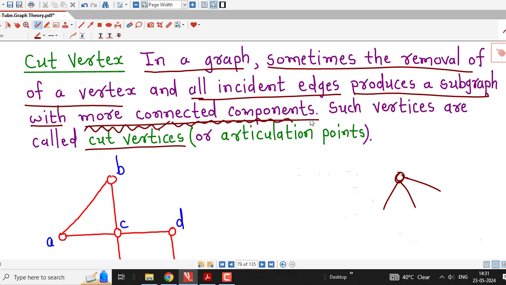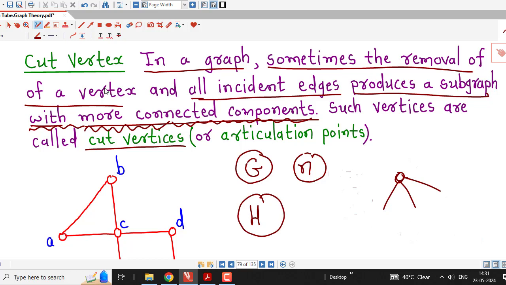Whatever subgraph we obtain has more connected components as compared to the connected components of the given graph G. If the given graph G has n connected components, then whatever subgraph we obtain after removing a vertex and all incident edges, that subgraph must have more than n connected components in order that the removed vertex is a cut vertex.